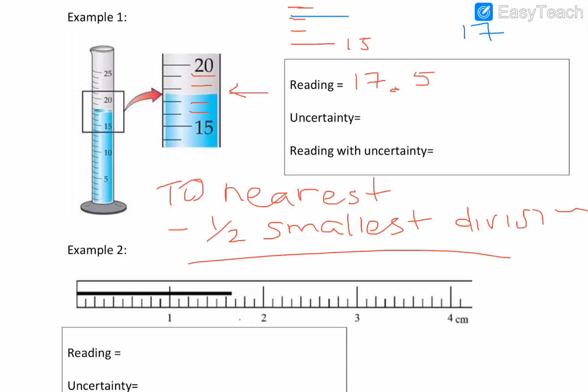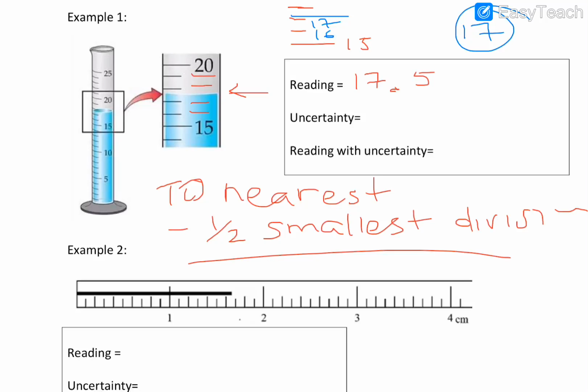I will not say that it is 17.2, for example. I can only estimate half the smallest division. So if I see here, this is closest to the 17 mark: 15, 16, 17, closest to 17, so I'll say that it's 17.